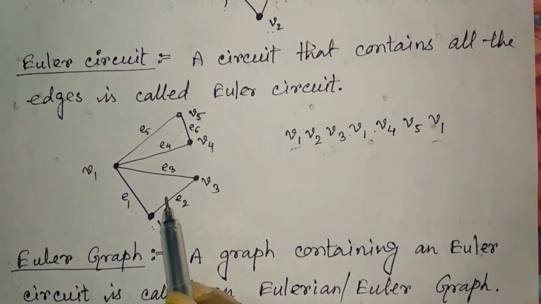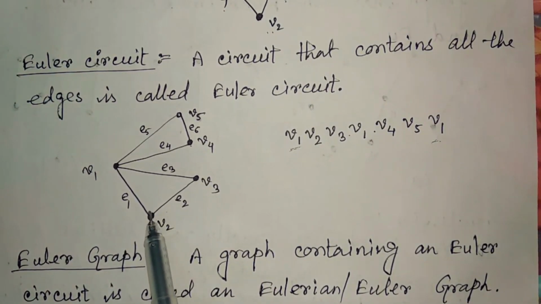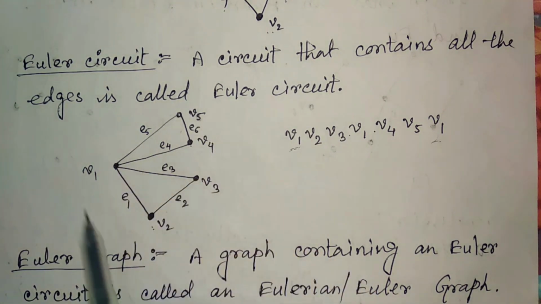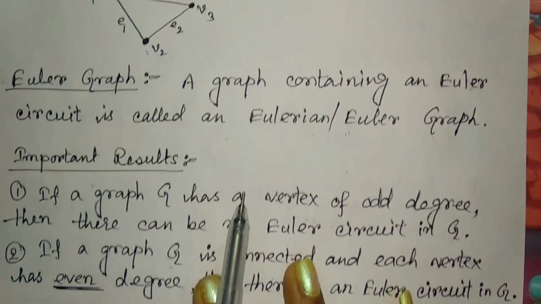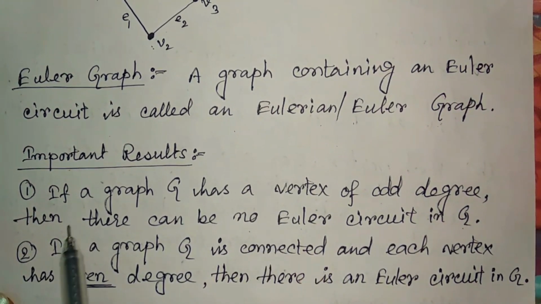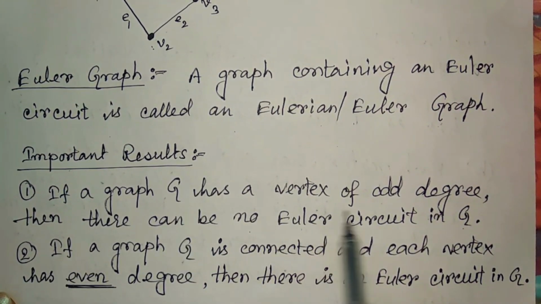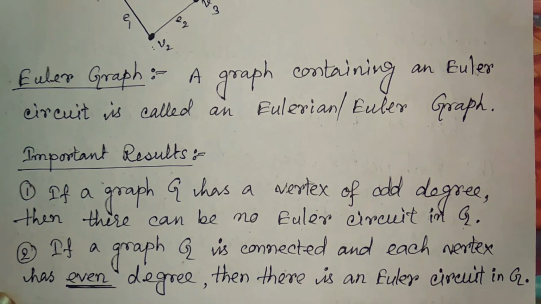If any graph is given, how will we come to know whether it includes an Euler circuit or Euler line or not? For that, these are the consequences. If a graph G has any vertex of odd degree, then an Euler circuit is not possible to form.